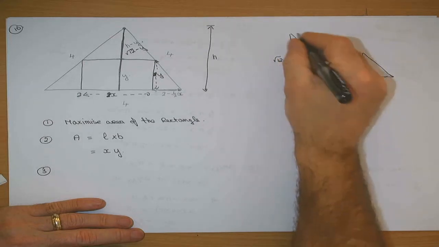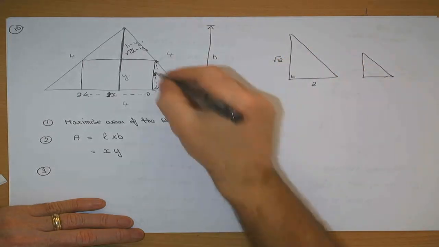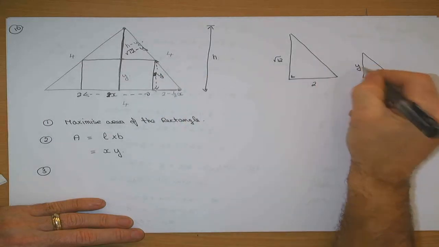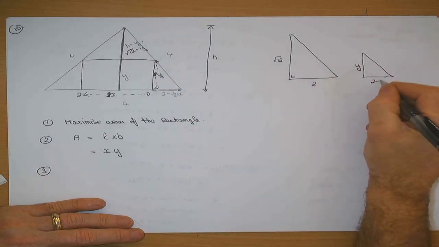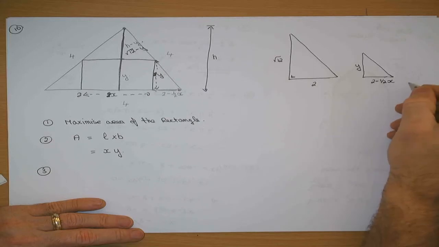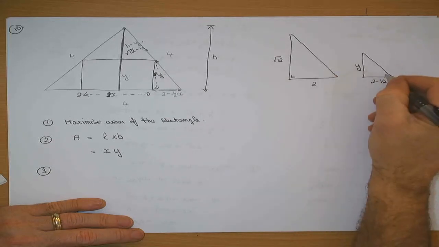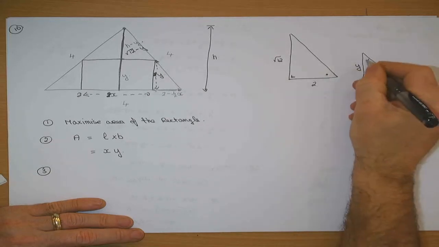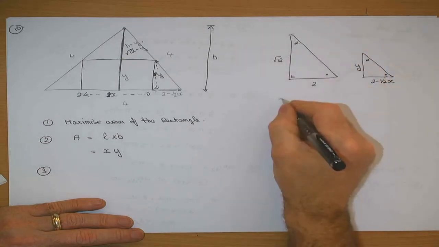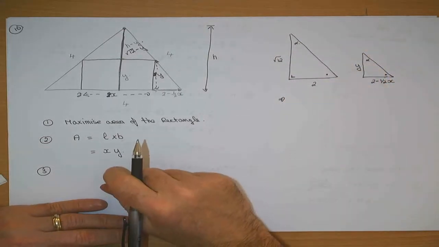Root 12. And I don't know that. In this triangle, that's y. That's what? 2 minus a half x. And I don't know that. But I know that angle is the same as that. And that's the same as that. So that means I have what type of triangles? Equiangular triangles.